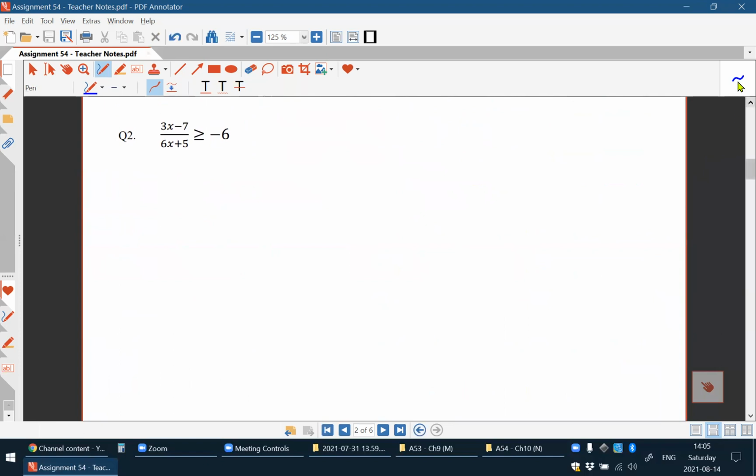Question 2, again, we can't just multiply 6x plus 5 to both sides because we don't know the sign in front of this expression, right? So we can only put everything to the left-hand side and rewrite the whole expression using the common denominator.